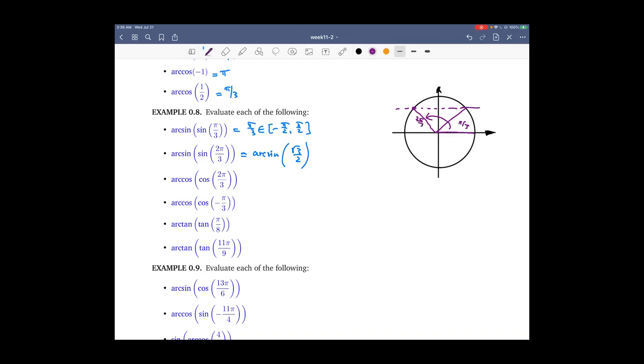And sine of pi over 3 we know is root 3 over 2. But then arcsine of root 3 over 2 we know will be pi over 3. Certainly, sine of pi over 3 is the same as sine of 2 pi over 3, and pi over 3 lies in the desired region.